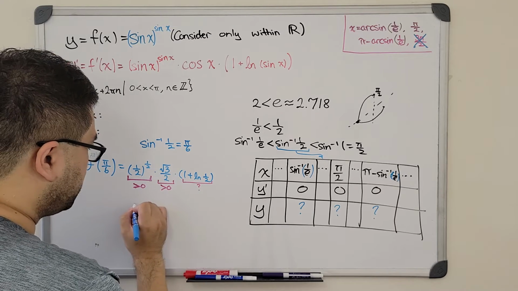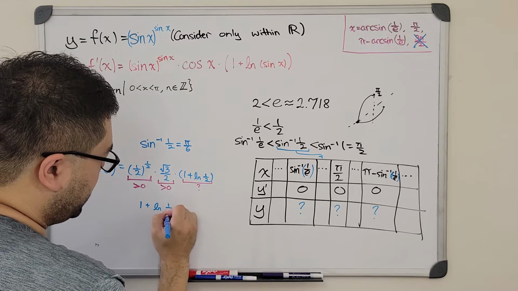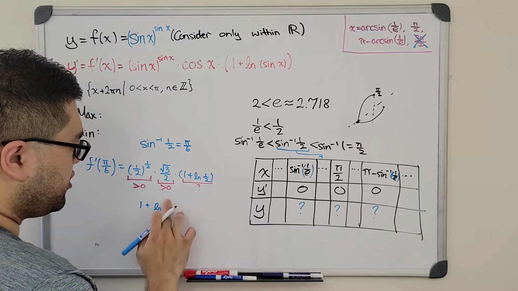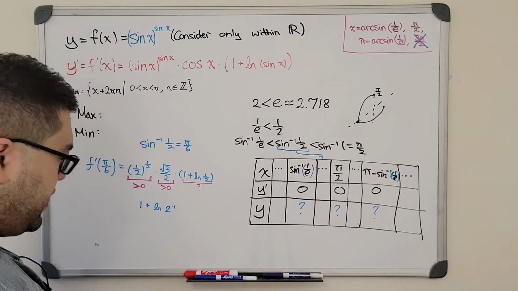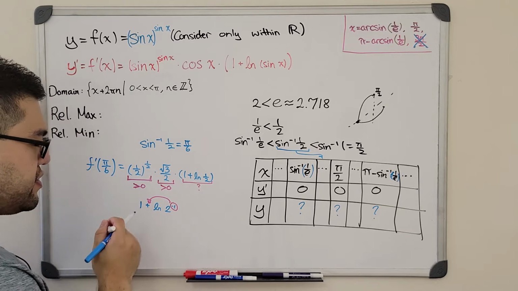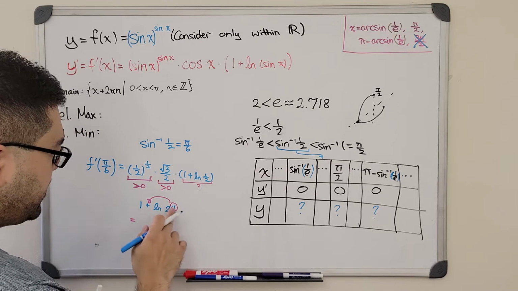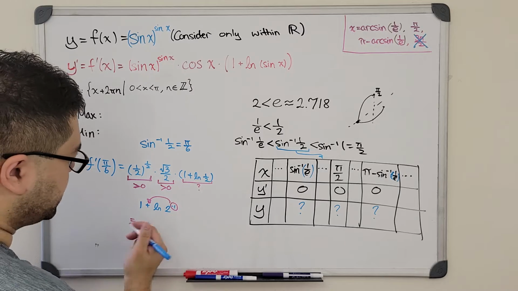So how do we do it? Well, we have 1 plus ln of 1/2, but 1/2 is the same as 2 to the negative first power, so we can rewrite it that way. And by the property of logarithms, we can just bring the exponent to the front to give us -1 times ln of 2, which is negative.